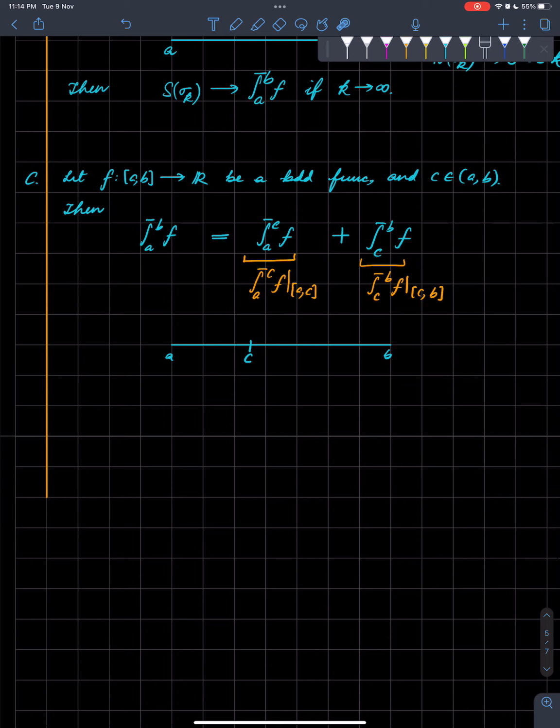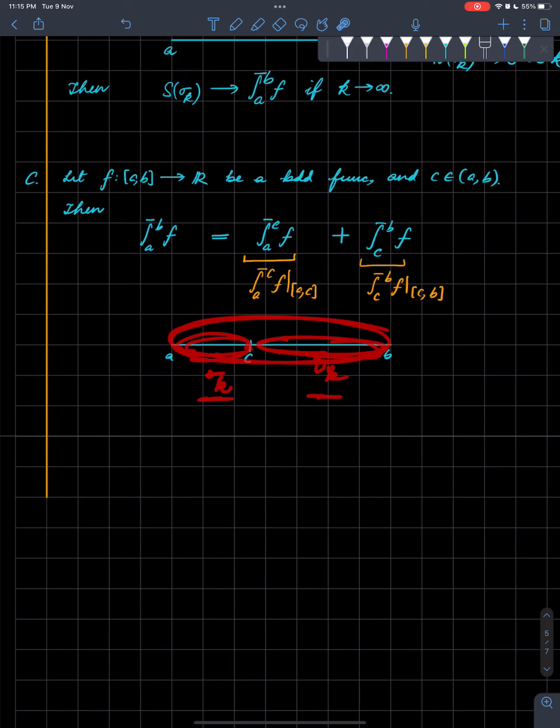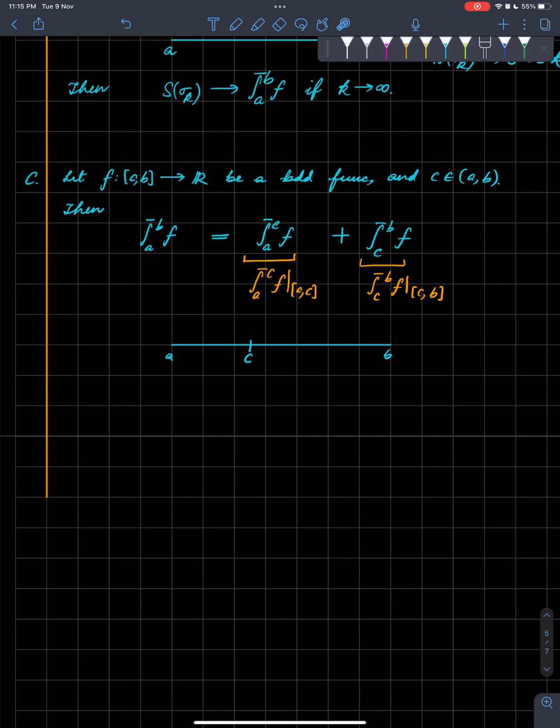Basically choose subdivisions of this and subdivisions of that such that both of their norms go to 0. So for each k choose a subdivision sigma k of the first part, tau k of the second part, and call rho k the entire subdivision obtained by just concatenating these two subdivisions. We are choosing sigma k and tau k such that as k goes to infinity, the norms of sigma k and tau k both go to 0, and therefore the norm of the entire subdivision also goes to 0.